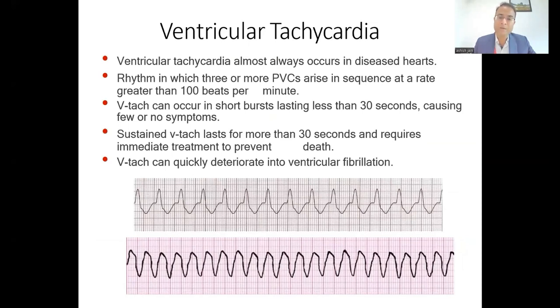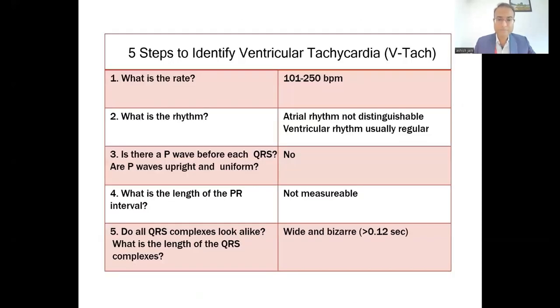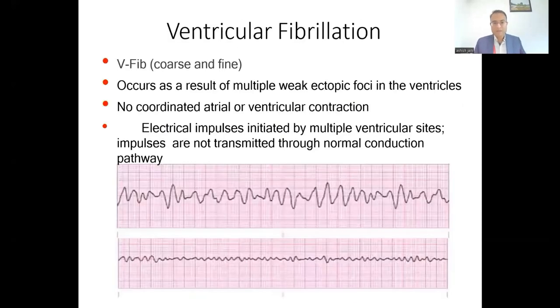There is no P wave, there is no PR interval. The QRS complex is big, bizarre. The QRS duration is more than 0.12 second. Generally, the patient does not have a pulse. It may be present with a pulse, but these tachycardias very early convert to ventricular fibrillation.